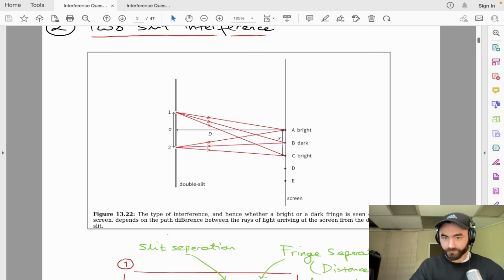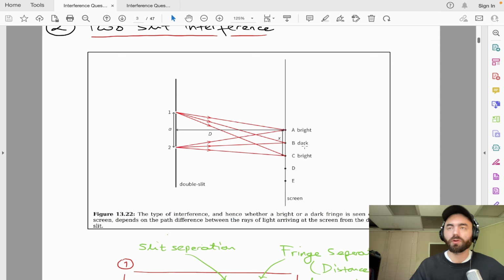Depending on where we are on the screen, we get a bright or a dark fringe. A bright fringe means constructive interference, and a dark fringe means destructive interference. That's to do with the path difference. So at a bright spot, we'll have a path difference of 0, 1, 2 or 3 wavelengths, because they're constructively interfering.